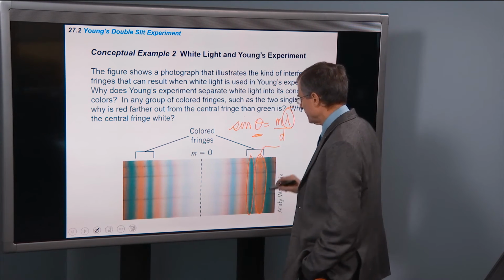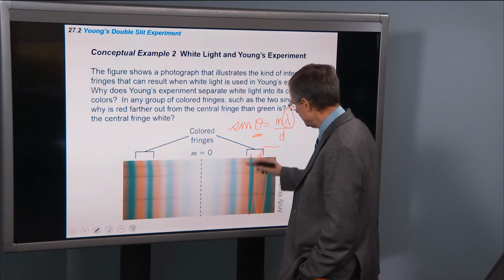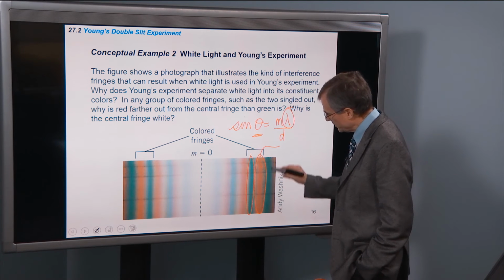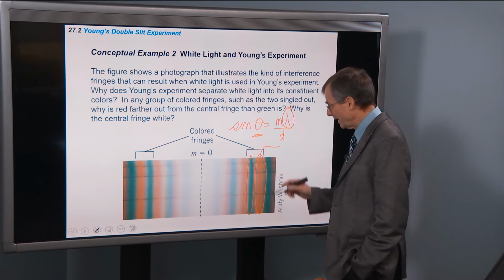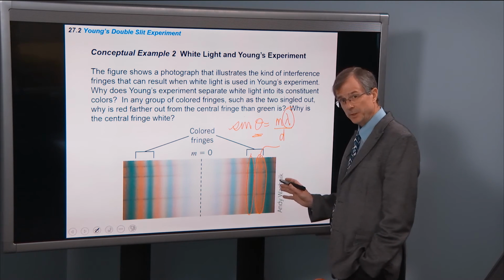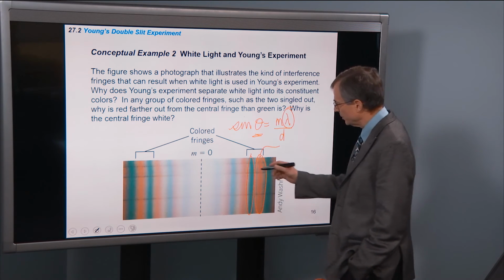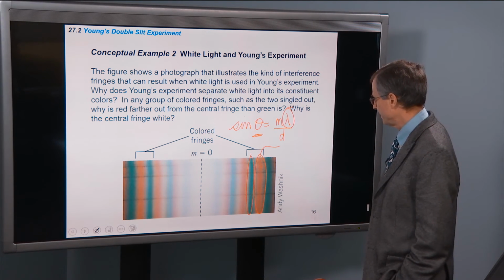So this looks like m equals 0, maybe m equals 1, 2, 3, maybe this is m equals 4 by now. Then the position of that bright fringe for red will be further away, the angle would be greater, and the distance will be greater on the screen. So that's why the red is further away than the green and the other colors.